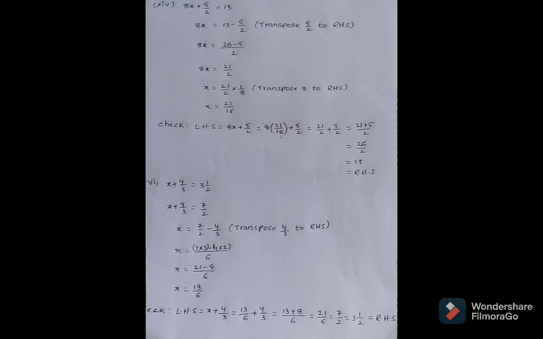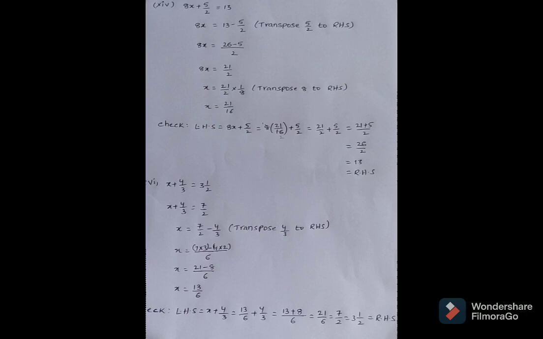In LHS, we observe again 8x means 8 into x. So multiplication is transposed to RHS, it will change to division. So 8 is transposed to RHS, it will change to 1 by 8. Therefore, x equal to 21 by 2 into 1 by 8.